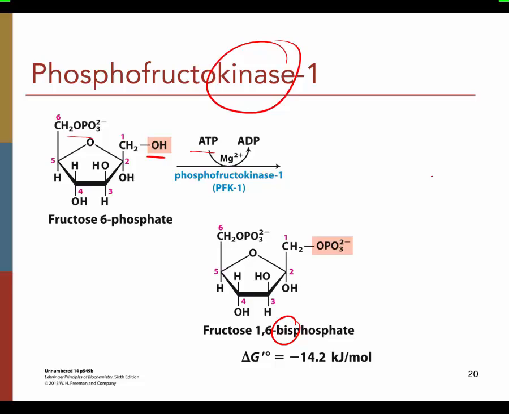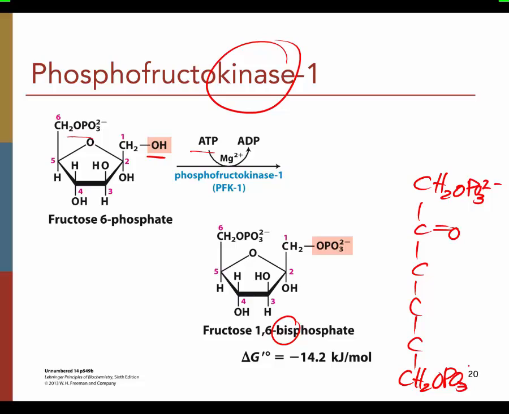Okay, so here, if we were to draw it out in linear form, okay, so 1, 2, so now this is fructose 1,6-bisphosphate.